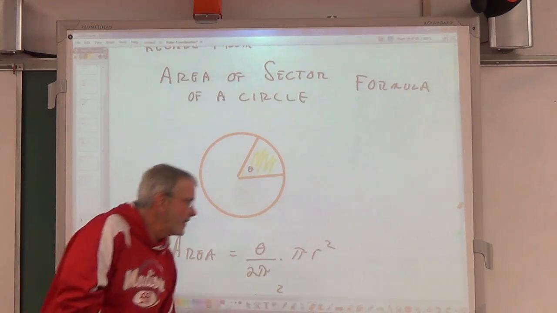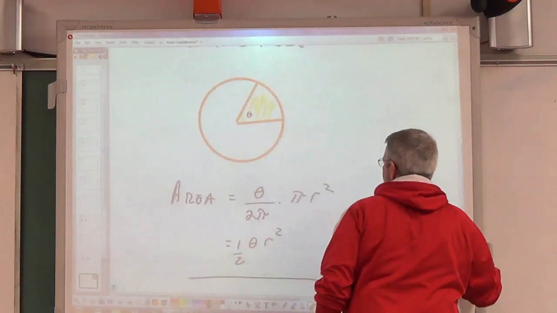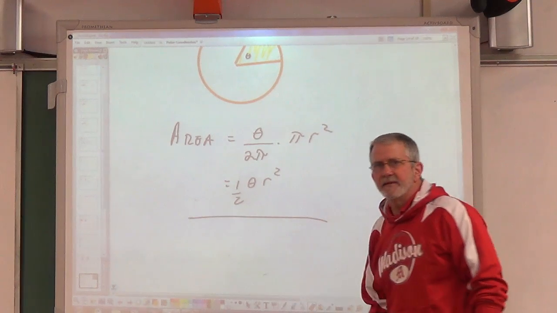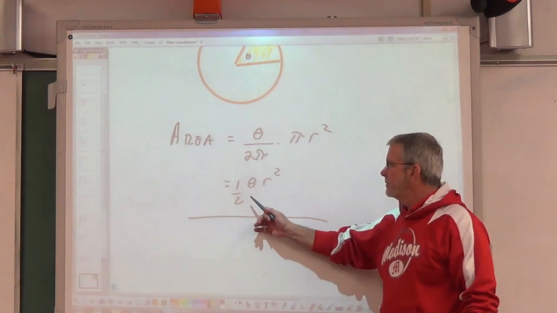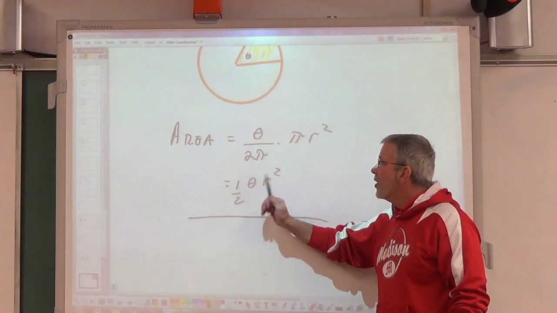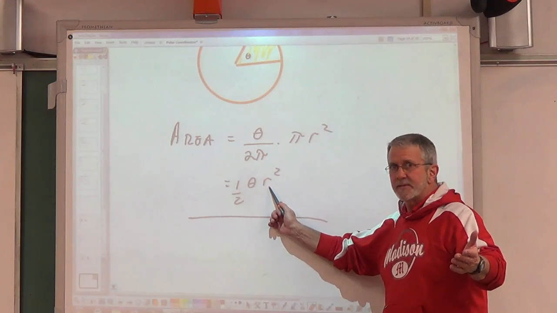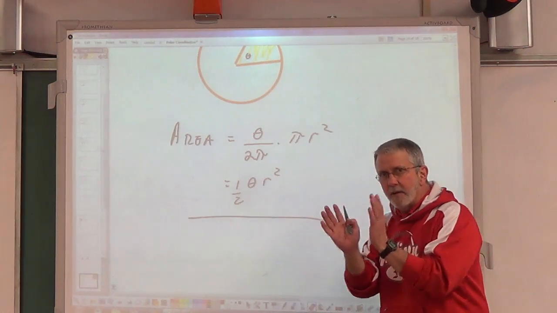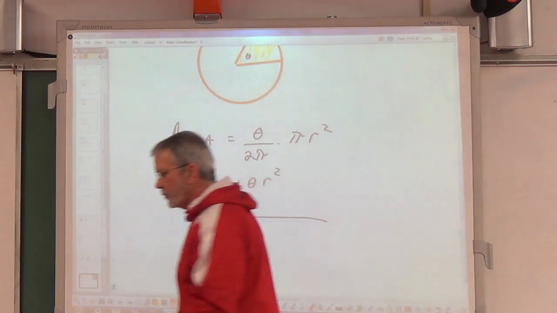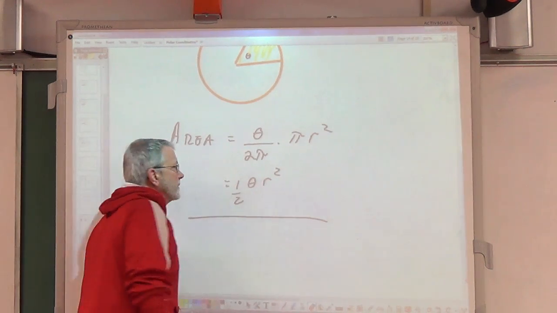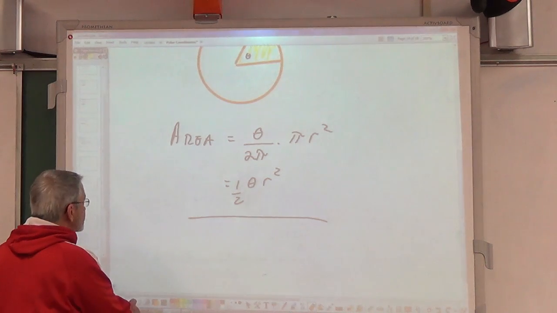And if I simplify that, this gives me the formula for the area of a sector: 1/2 theta r squared, where r is the radius of that circle, and theta is the angle that creates that sector. Easy enough, interesting enough.